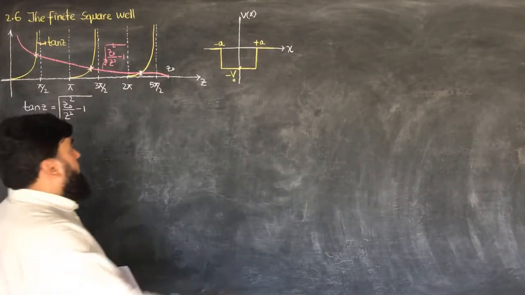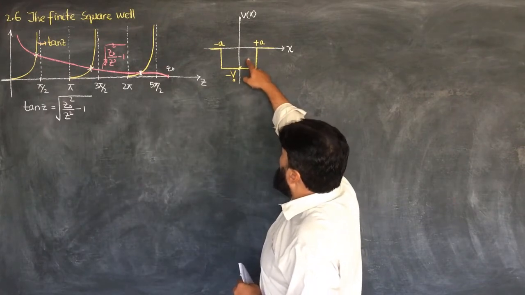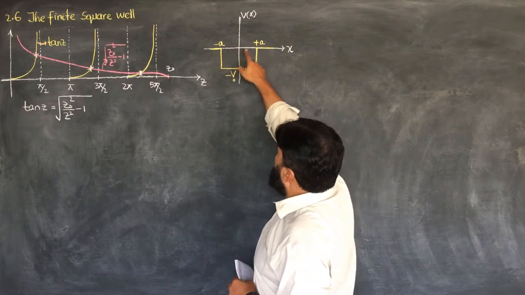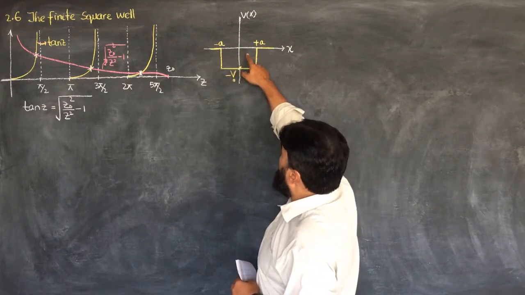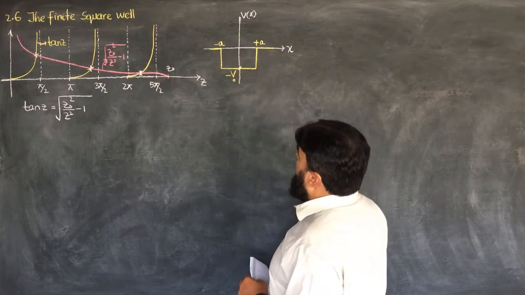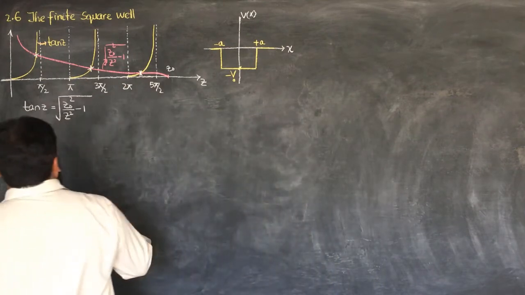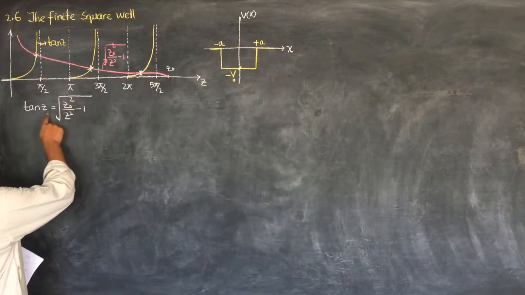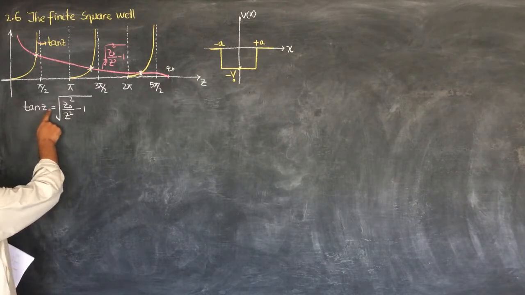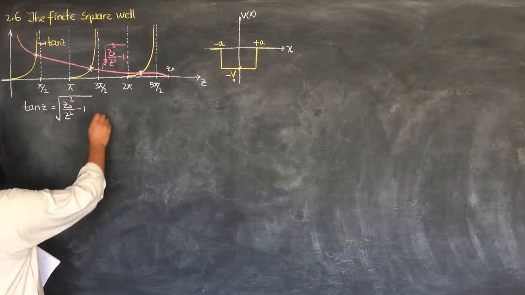Now we considered the potential or the geometry of our potential like this, that the width of our potential well is 2a and the potential applied is finite and minus v naught. We found the solution in terms of the transcendental equation tangent z equals z naught square by z square minus 1.